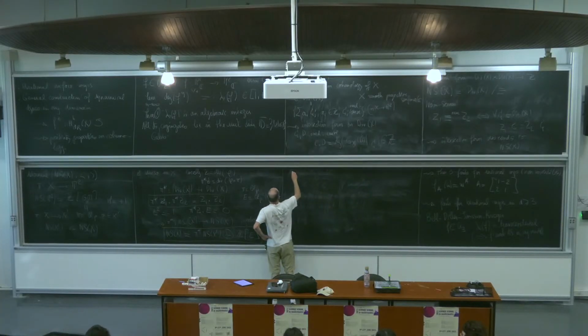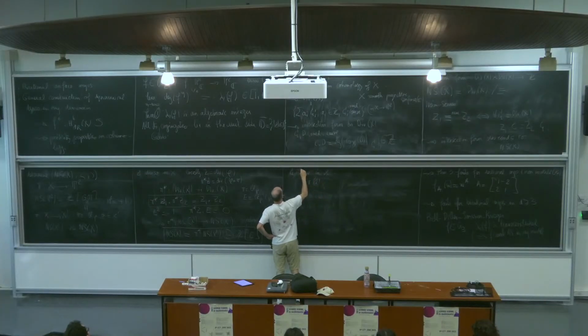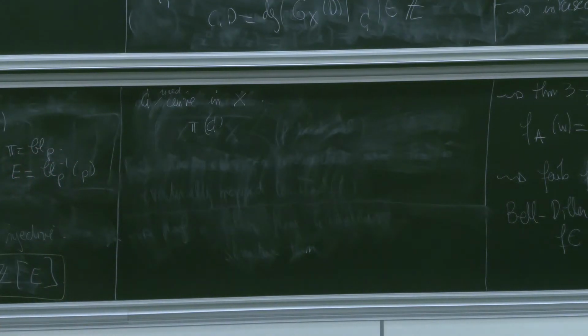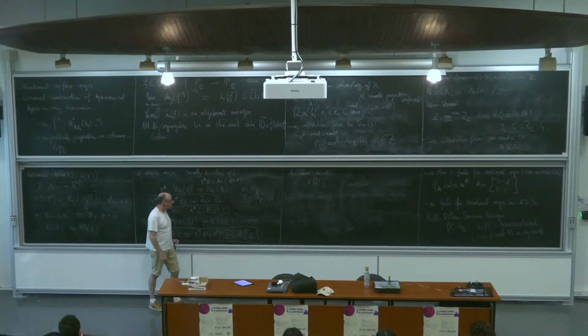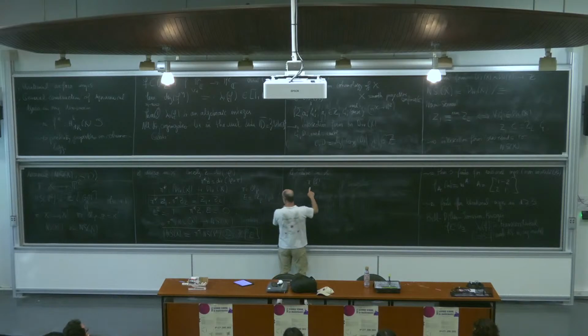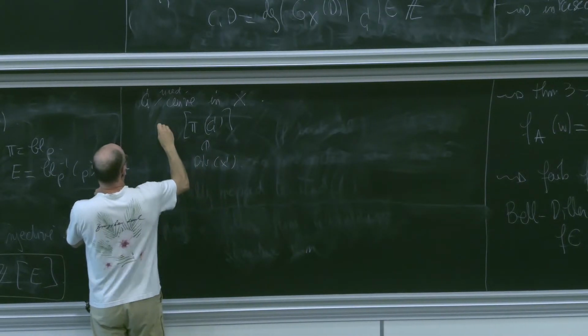So if you pick C, a curve in X, then you can look at its image, again irreducible. I'm trying to explain why the direct sum of these two things generates NS of X. So this is a class inside X'. Then you can look at its pullback.